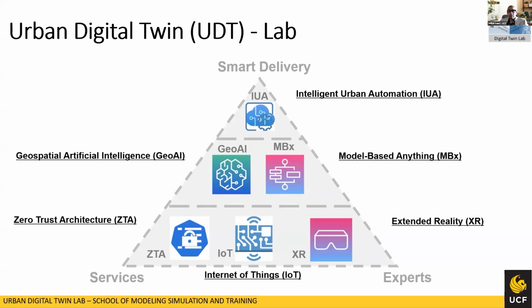And then we leverage the technologies, specifically the real-time data coming from different sources, including the IoT sensor networks, and integrating that with the geospatial artificial intelligence to understand the behavior of the data, the anomalies, and so on and so forth, communicating that through the different immersive technologies like extended reality, and to be able to deliver intelligent urban automation.